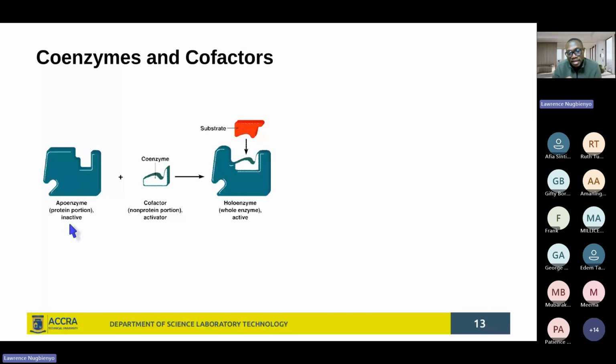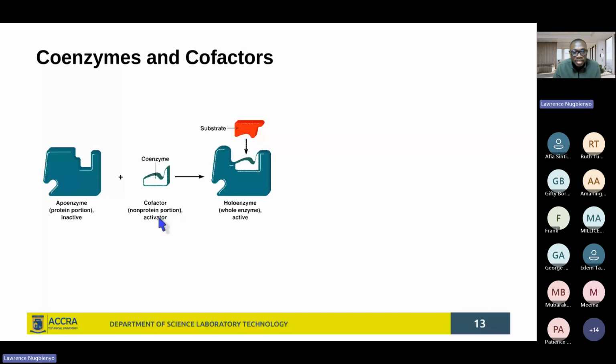We said enzymes are mostly proteins, so that's the protein part, but it's inactive. It gets active when the coenzyme, so either a coenzyme or cofactor, which is a non-protein part, sometimes being referred to as the prosthetic part of the enzyme, binds to it. And it's an activator.